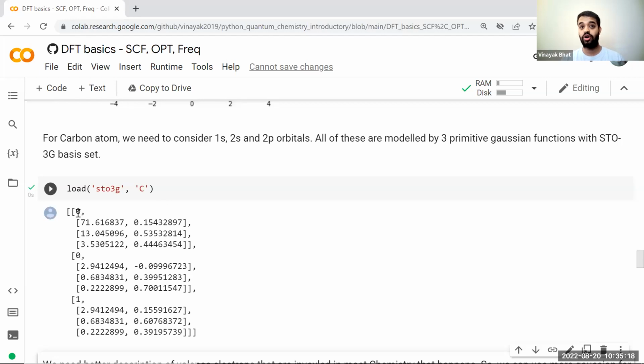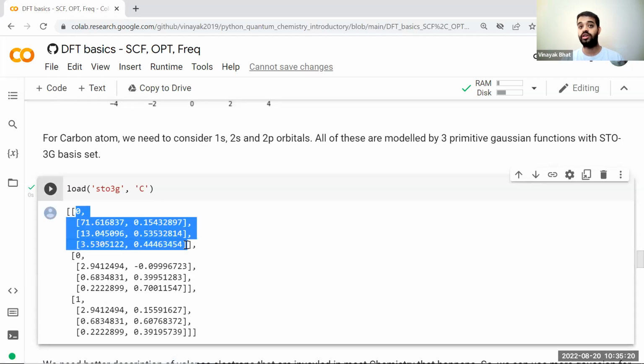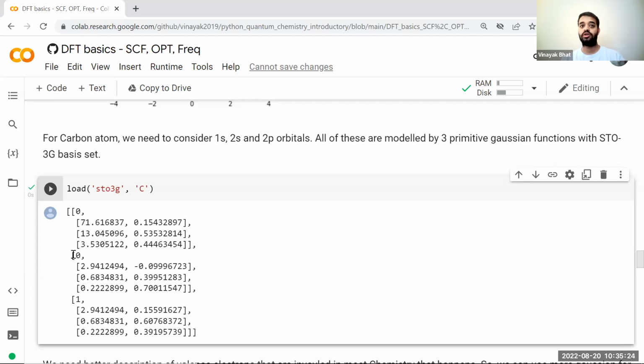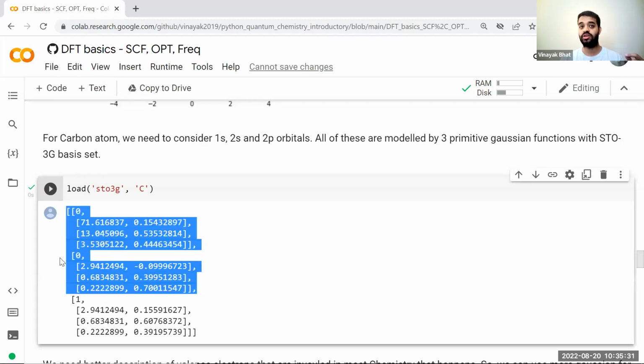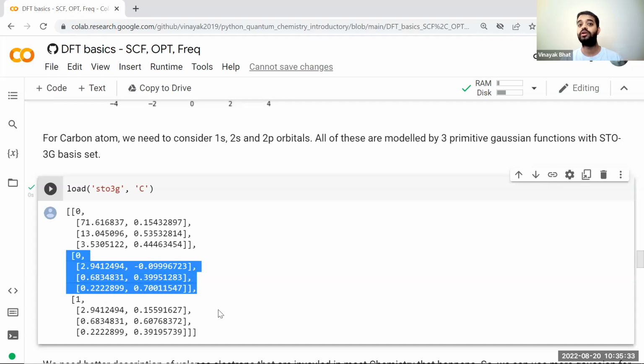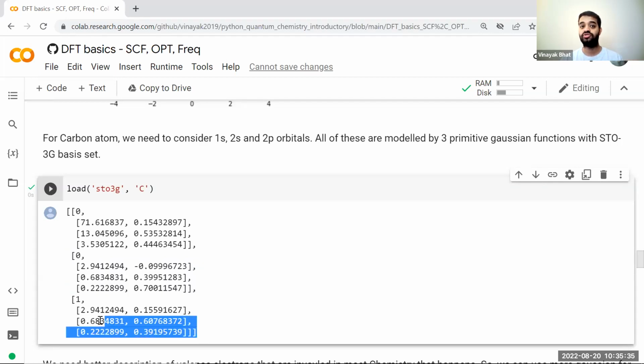So this is the s orbital, this will be the 1s orbital. We are representing each of them with 3 Gaussians. This is the 2s orbital. So if an electron is in the 2s orbital, we'll use this representation for doing it. If the electron is in 2p, we are going to use these 3 Gaussians to represent that.